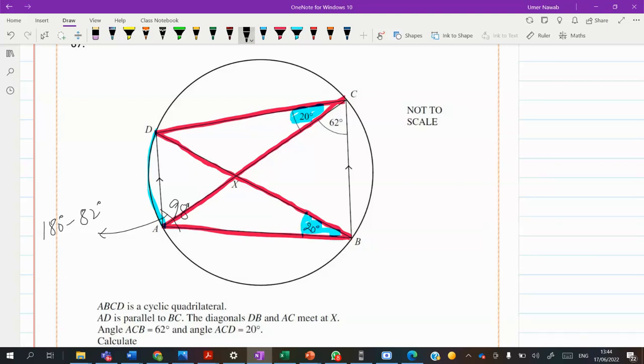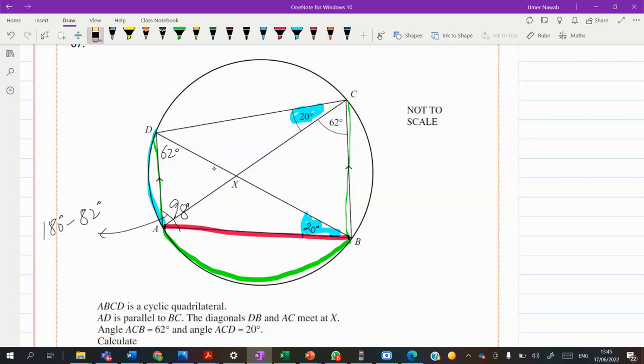I can also use the arc AB, which produced angles here and here. So this is 62. Imagine I'm using the angle in the same segment property and the cyclic quadrilateral, I could write as many angles as I want. Now 62, 20, 98, everything is done.